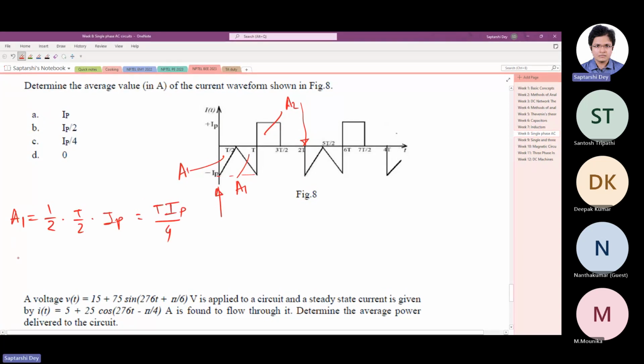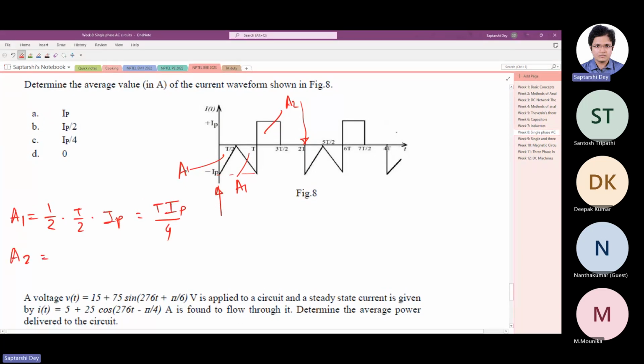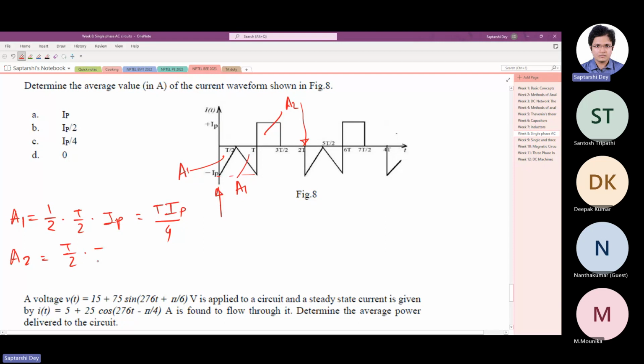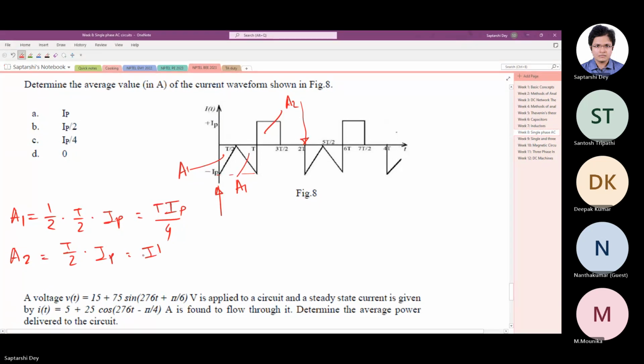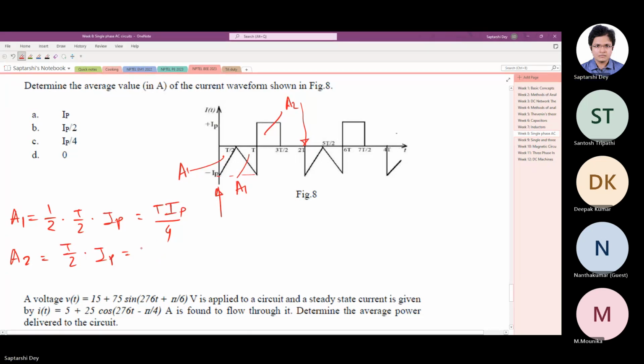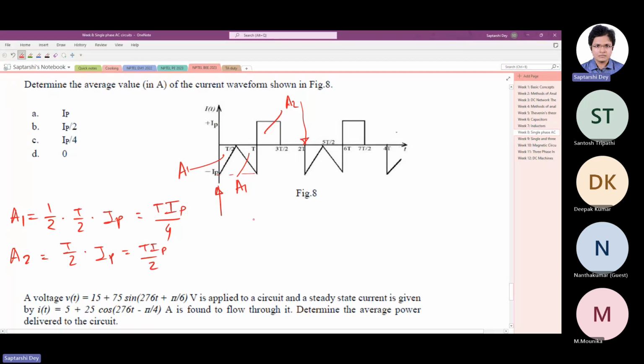Area A1, and area A2 is 0.5 T by 2. So for T by 2 it is IP, so TIP by 2.